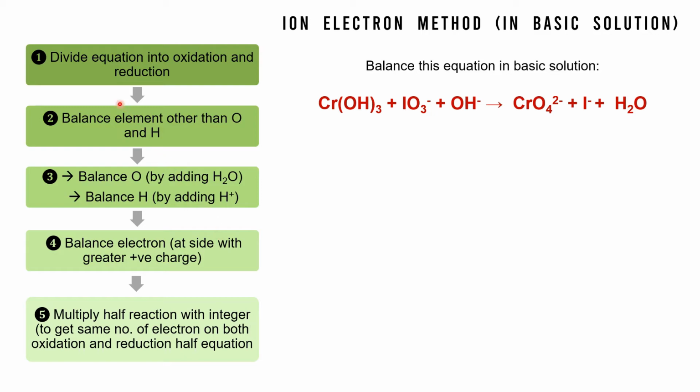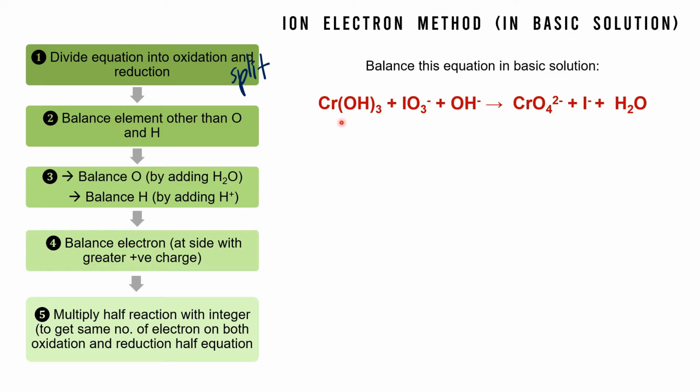So we will start with the same step, iaitu divide the equation into oxidation and reduction half equations. So daripada sini, you have to split these full equations into two half equations. So how to split them? You have to do pairing. You pair anything similar on the left side of the equation with the right side of the equation.